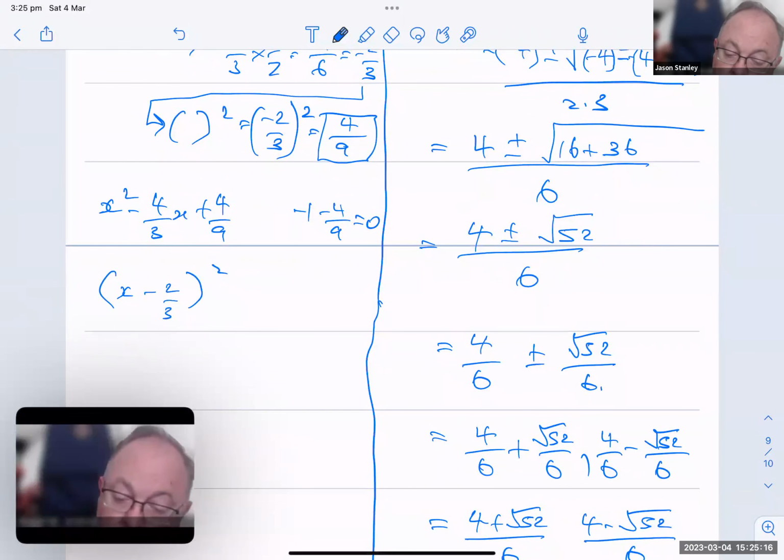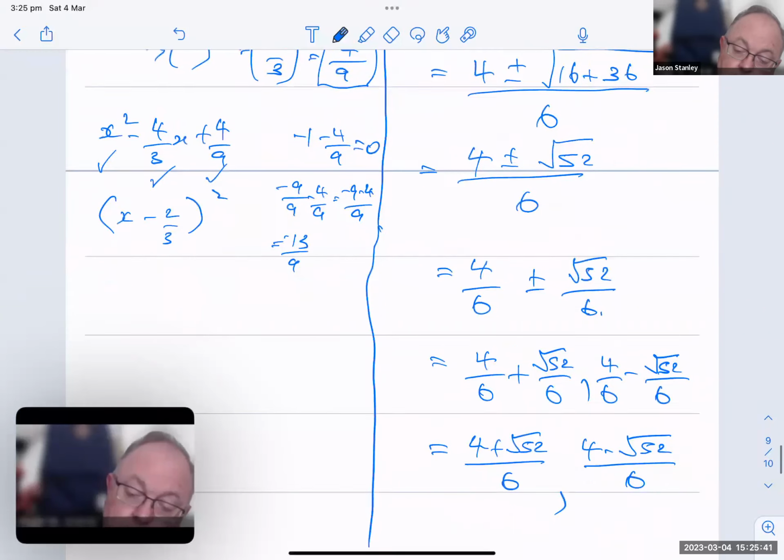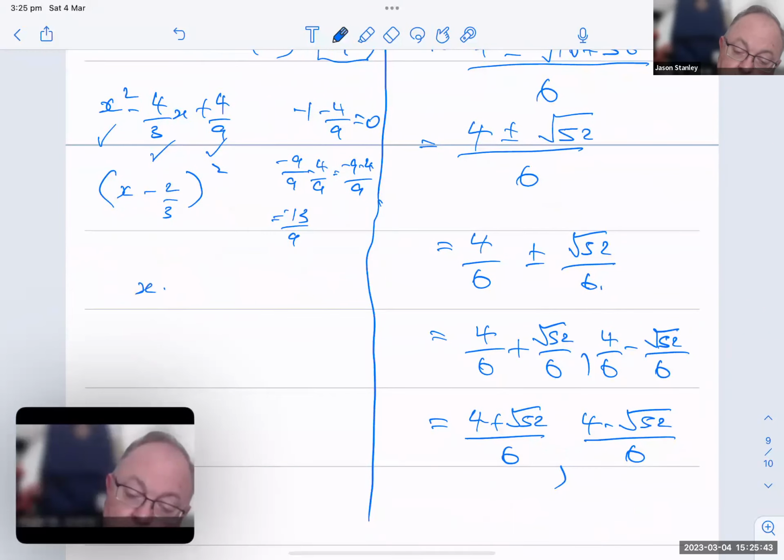Let's check it. x times x. Minus 2/3 x times 2 is minus 4/3 x. Minus 2/3 squared is plus 4/9. Good, got that. Now this is a little adding fractions problem. So we end up with this one.